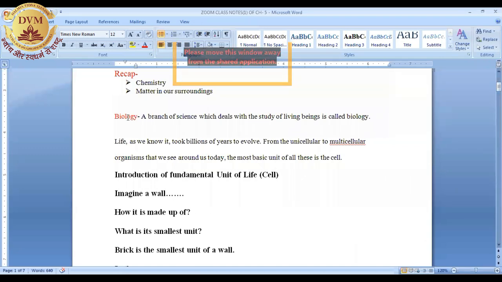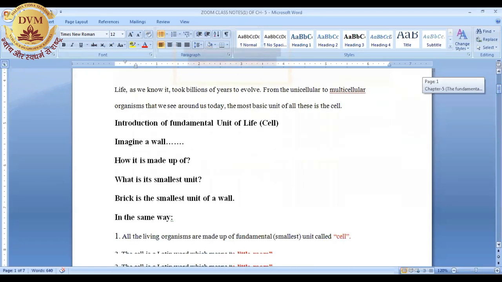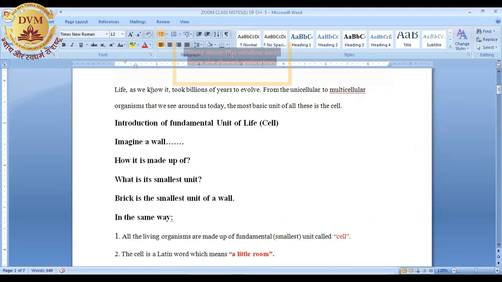Our first chapter is the fundamental unit of life. All of you know that life, as we know it, took billions of years to evolve. Whatever life is around you did not evolve in one day.